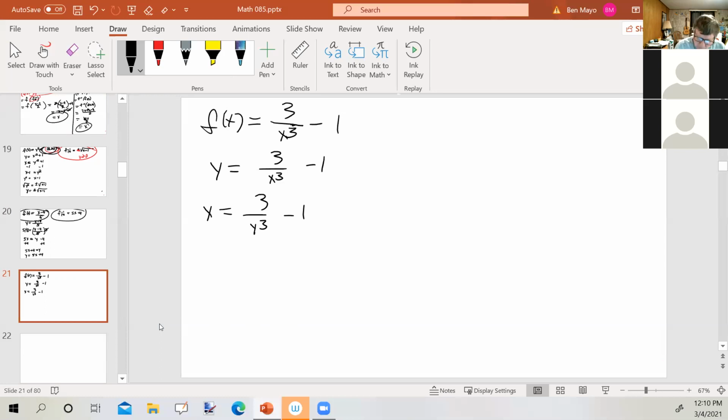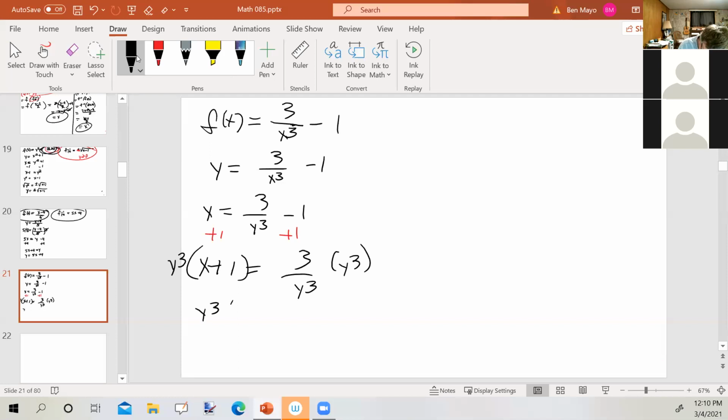Move the 1 first. Okay. So we're going to add 1 to both sides. So we've got x plus 1. And when I say we could do it either way, the other way might not be nice. So if I tried it the other way and things were not looking good, I might go back and switch the way I'm doing it. So now I'm going to multiply both sides by y cubed.